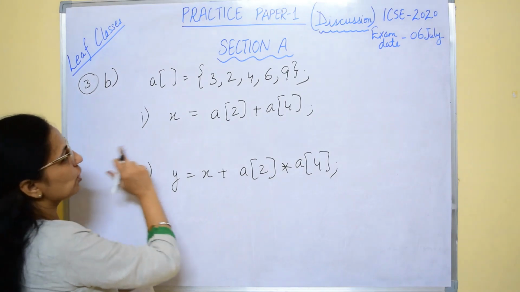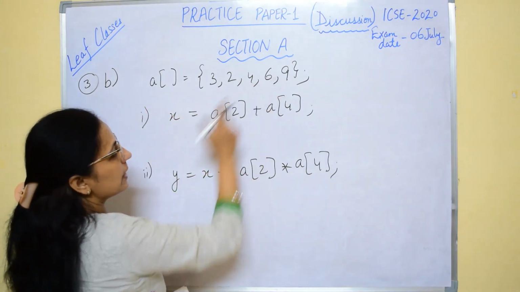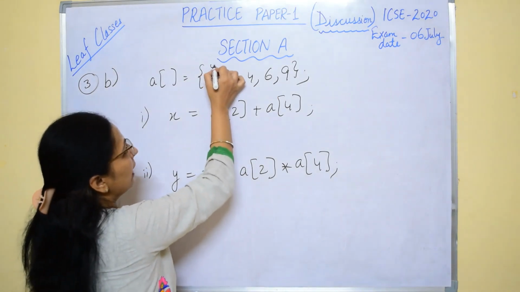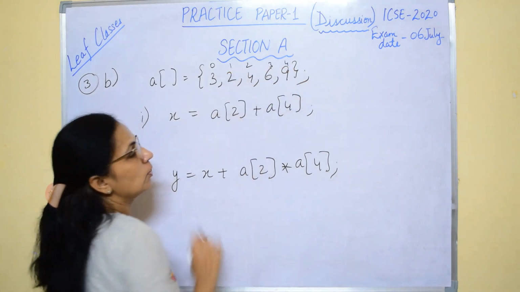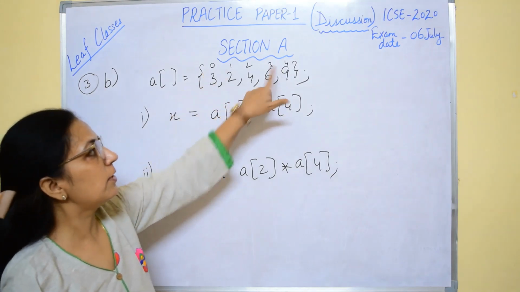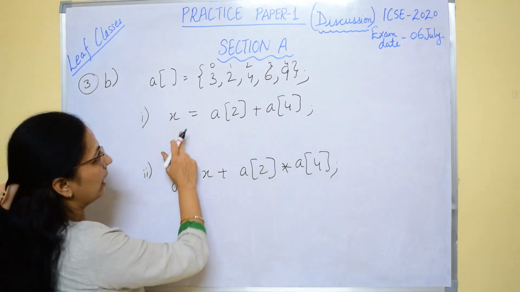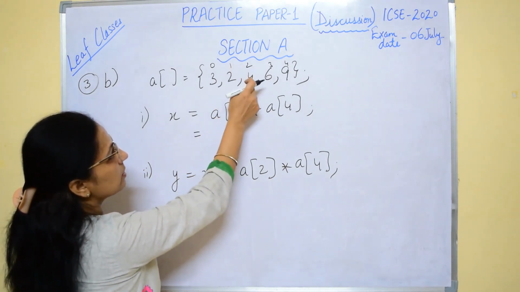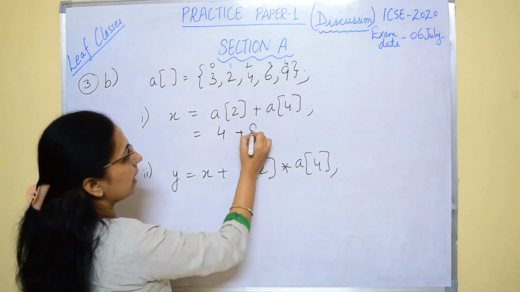B part of question number 3: array A is given as 3, 2, 4, 6, 9. Now we know that the first index number of the array is 0, then 1, 2, 3, 4. Total 5 elements are there. The index number starts from 0 till 4. Now you have to calculate the values of x and y. x equals A[2] plus A[4]. A[2] is 4, and A[4] is 9.